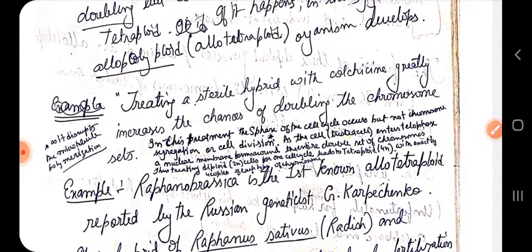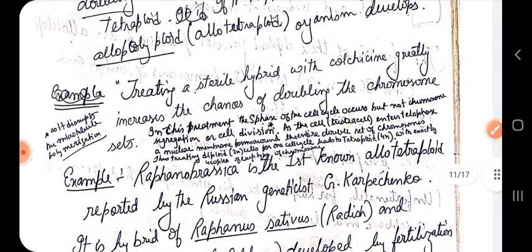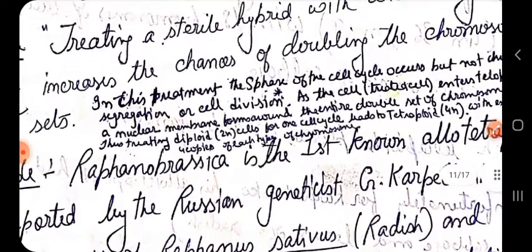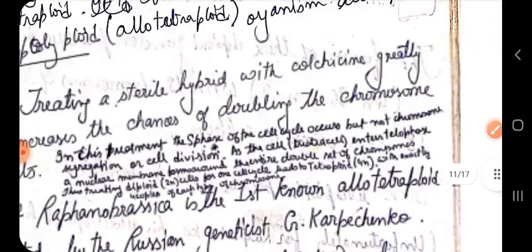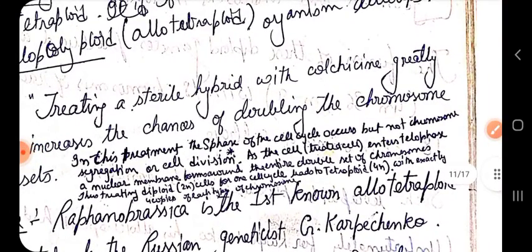Now it is saying that treating a sterile hybrid with colchicine greatly increases the chance of chromosome doubling. Why? Because in this treatment the S phase of the cell cycle occurs, but chromosome segregation does not occur.